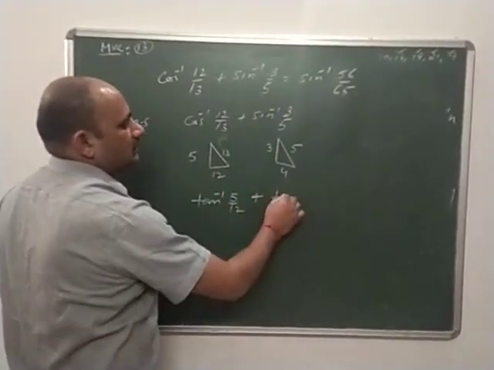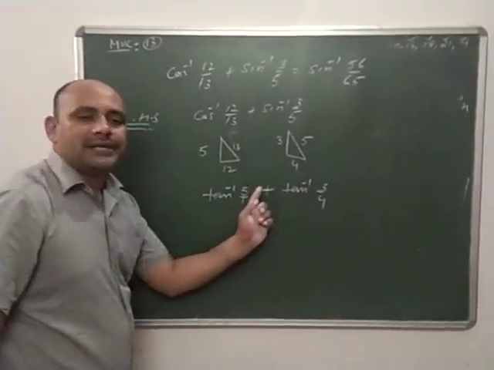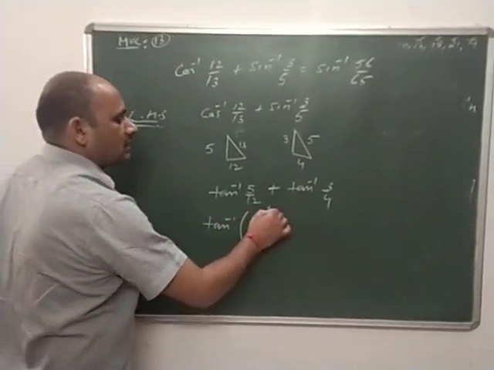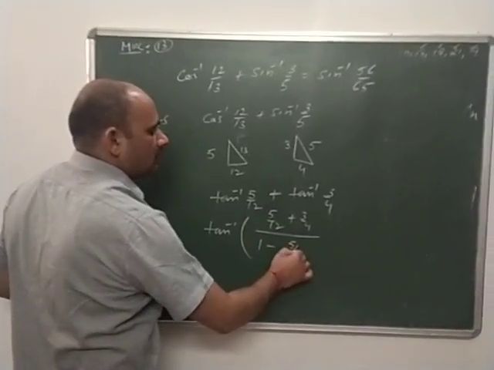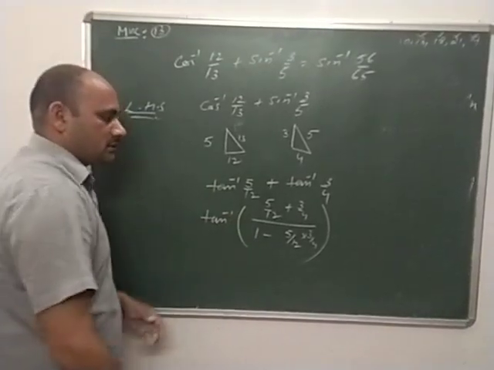Same here, perpendicular by base. So now tan inverse x plus tan inverse y is tan inverse of (x plus y) upon (1 minus xy). You will solve it.